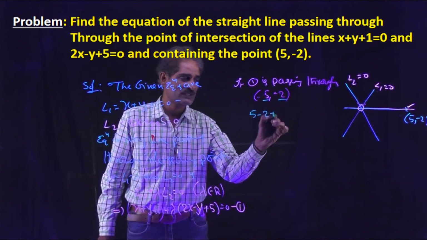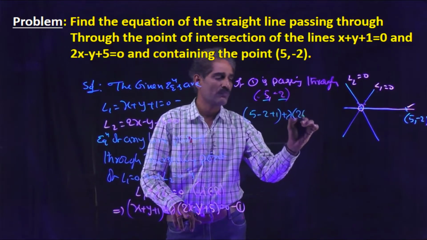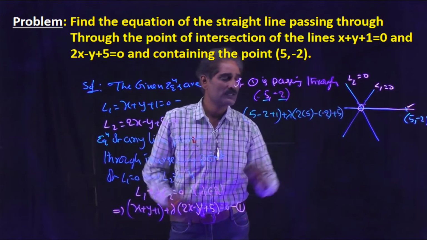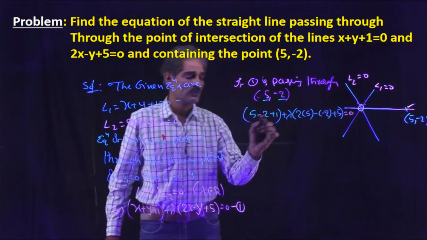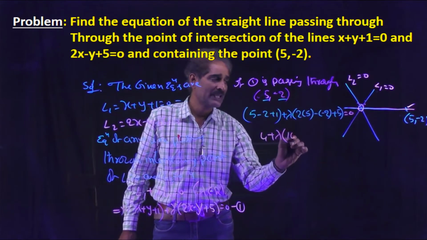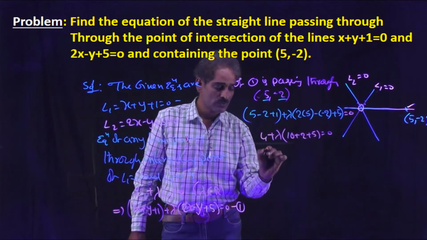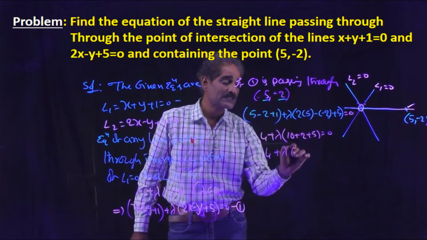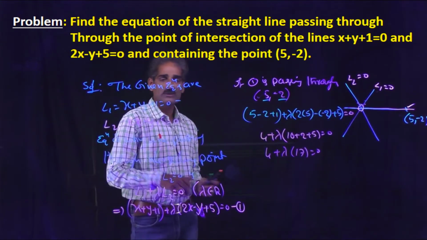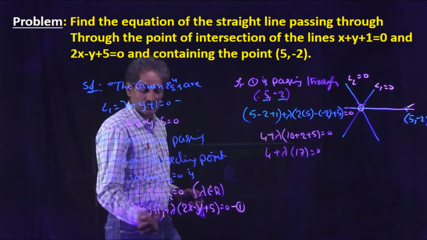5 minus 2 plus 1, plus lambda into (2 into 5 minus of minus 2, plus 5) is equal to 0. So 6 minus 2 is 4, plus lambda into (10 plus 2 plus 5) equal to 0. 4 plus lambda into 17. So here the point is (5, -2), and the equation is x plus y plus 1 plus lambda into (2x minus y plus 5).